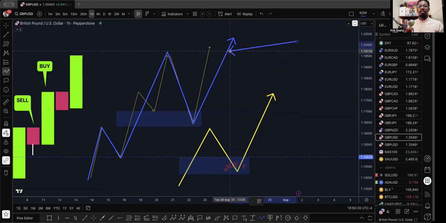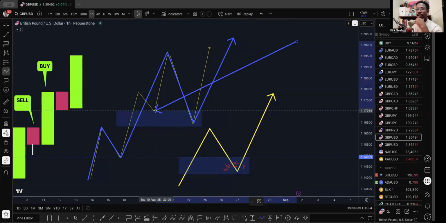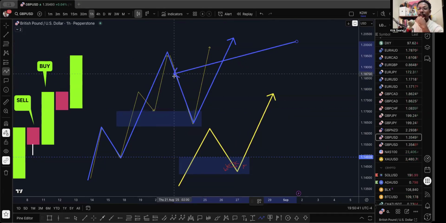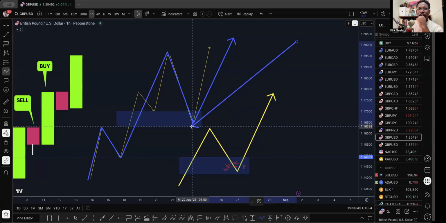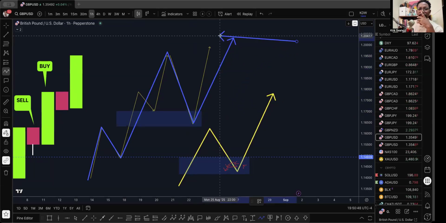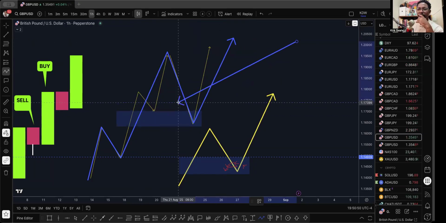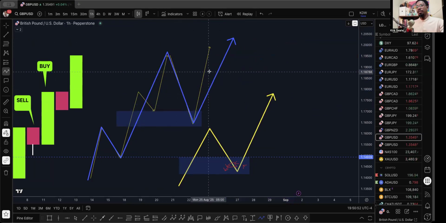You may not catch this when it's happening, until you start to see it more, because you might ask yourself, okay, price created a low and then went higher. Why would it do that? But sometimes we can get something like this happening.